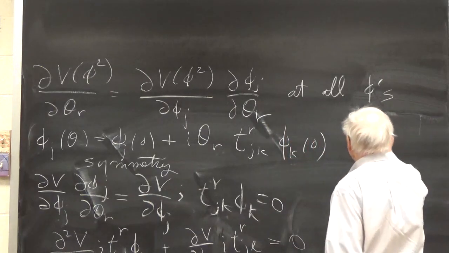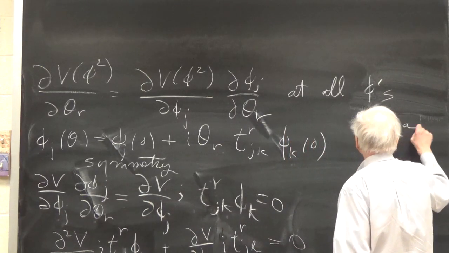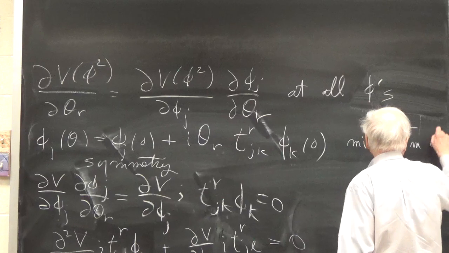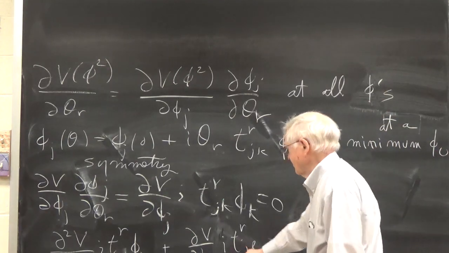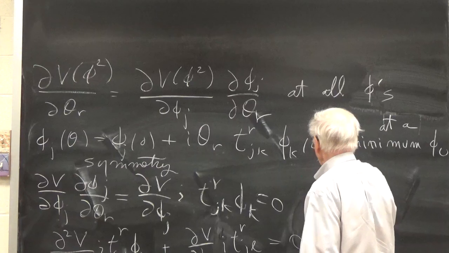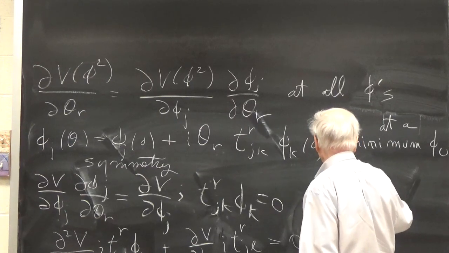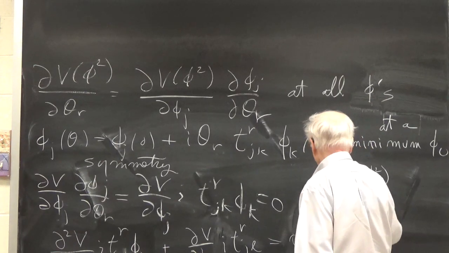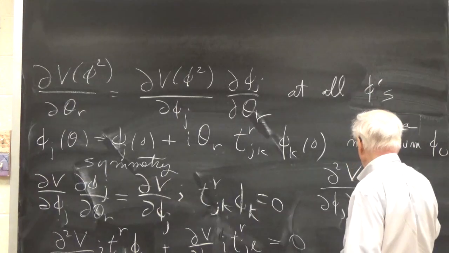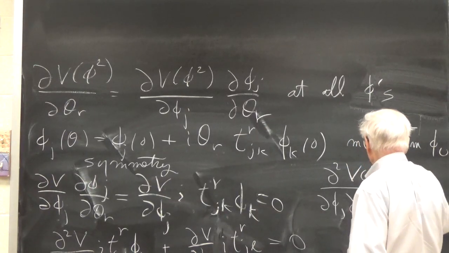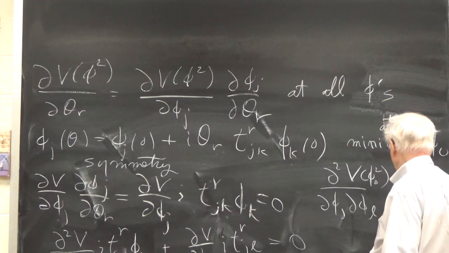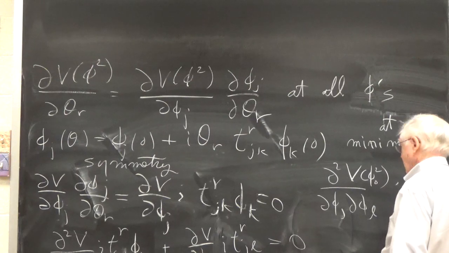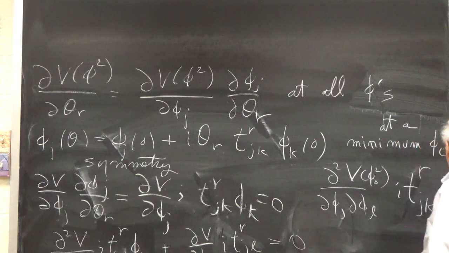But when we're at the minimum, the first derivative vanishes. So consequently, at a minimum, which I'll write as phi_0, this term vanishes, the sum is 0, and so we're left with partial squared V at phi_0, over partial phi_J partial phi_L, times i T_R,JK phi_K0 equals 0.